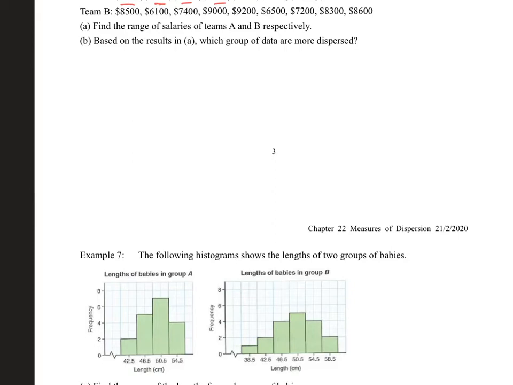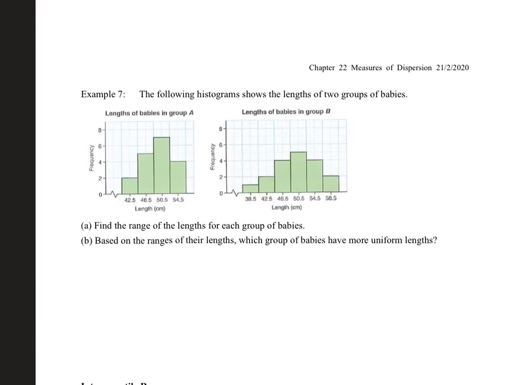When you go to the next page, Example 7 is about the weight of babies. From the picture, you know there are two babies in the first bar, ranging from one value to another, and the class mark is 42.5.